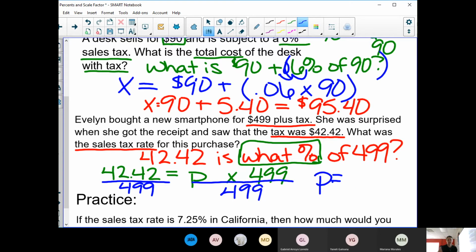And round it to the hundredths place. So what answer do you get? It should be a decimal. $42.42 divided by 499.